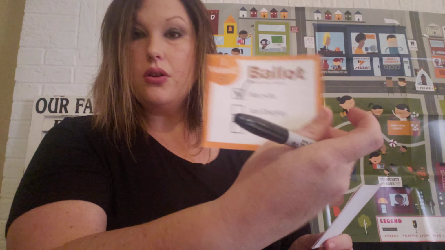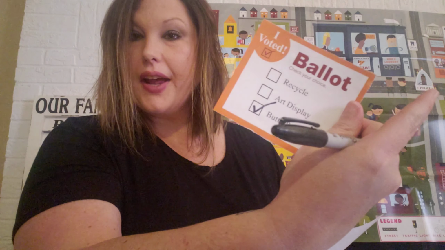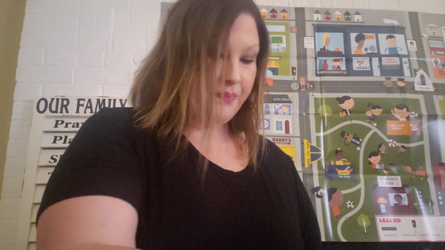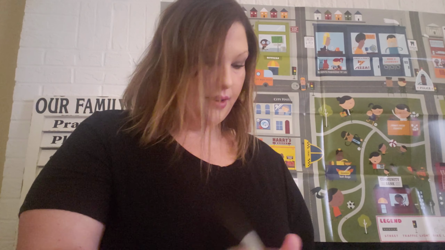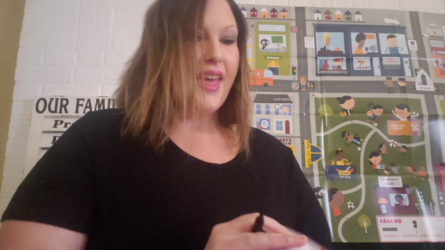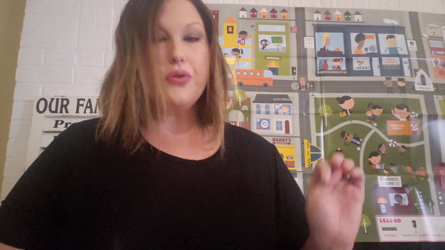One for recycle. One for butterfly garden. See, there's our butterfly lover. Another for art display. We've got some art lovers here. And then another for recycle. So guess what? That makes 3 votes for recycle, 2 for art display, and 1 for butterfly garden.